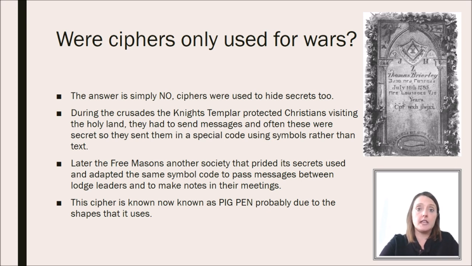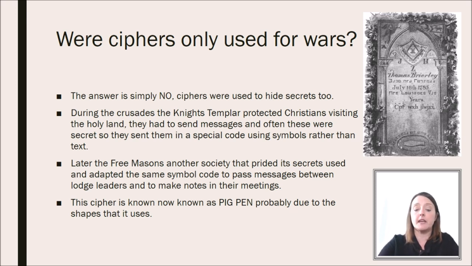Later on, the secret society of the Freemasons took on the same symbolic cipher, and they used it to pass secret messages between lodge leaders, as well as to write down all the information from their secret meetings.